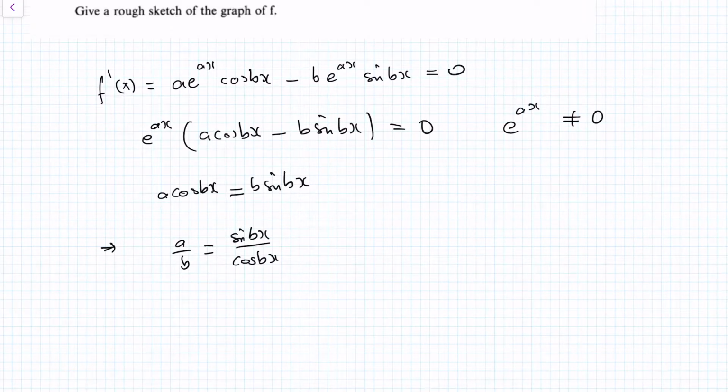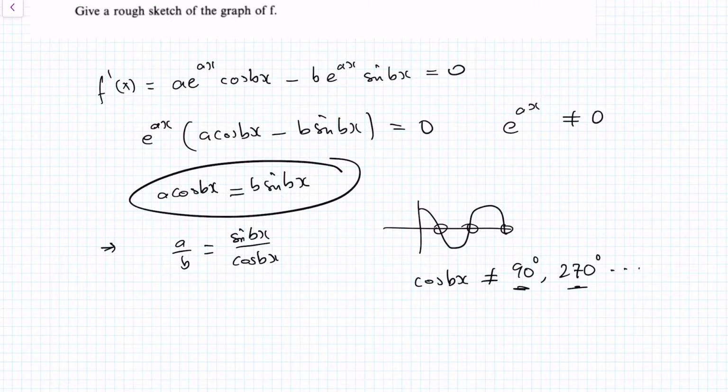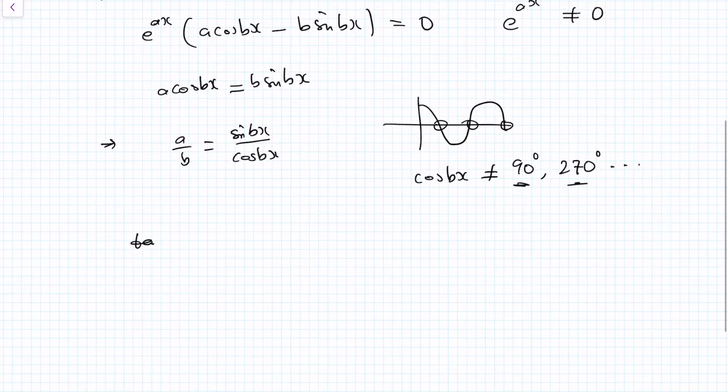Of course, it's always troublesome to divide by a trigonometric function, since cosine has so many zeros, which means when we're doing this division, we're saying cos bx cannot equal 0, at 90 degrees, 270 degrees, and so on. But the good thing is, none of these values are a solution to this equation, so we can do the division with no problems. So we have tan bx is equal to a over b.